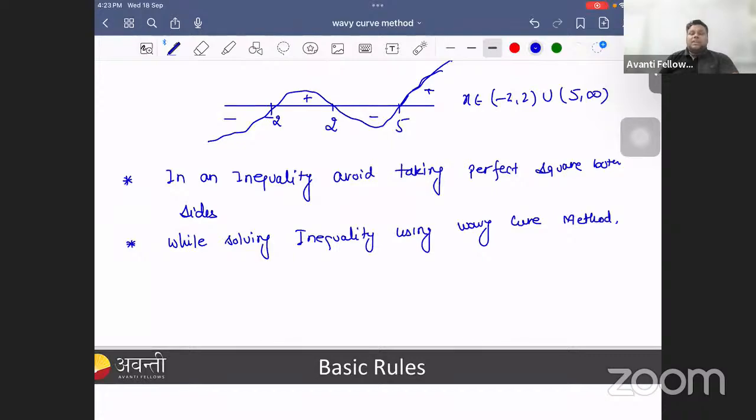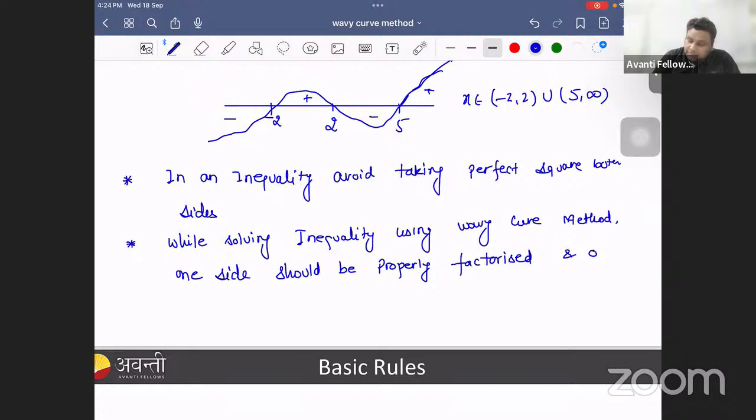While solving inequality using wavy curve method, one side should be properly factorized and the other side should be 0.